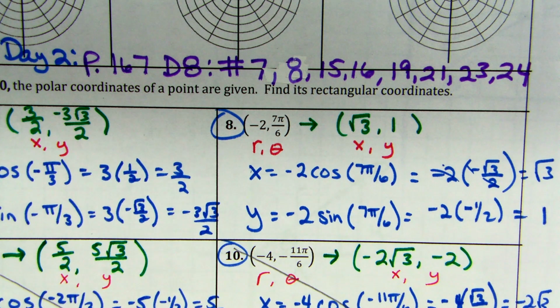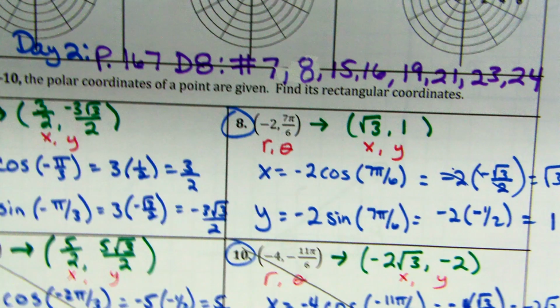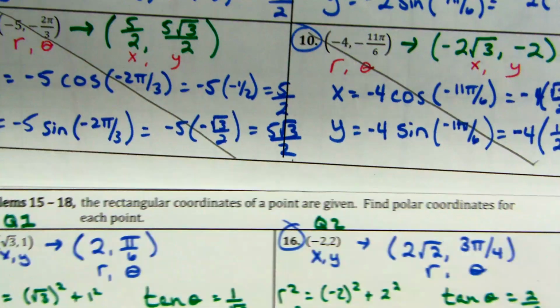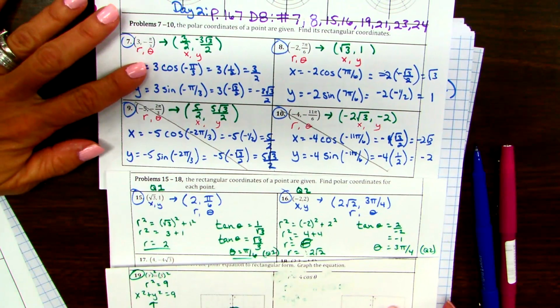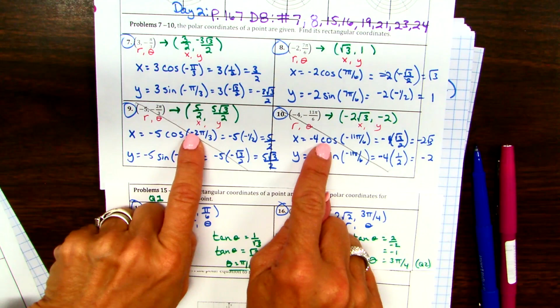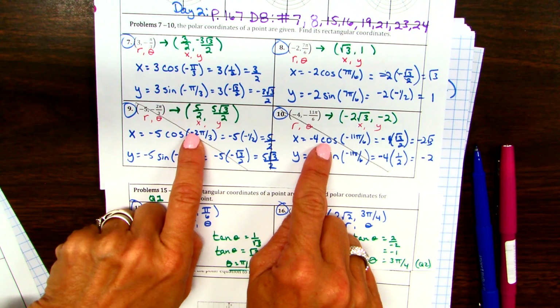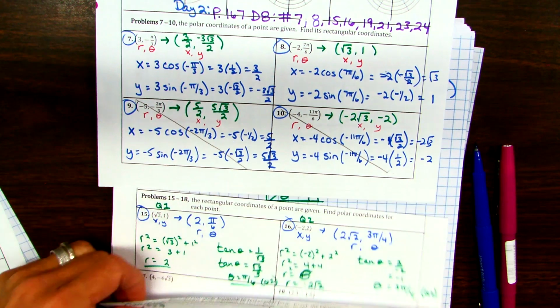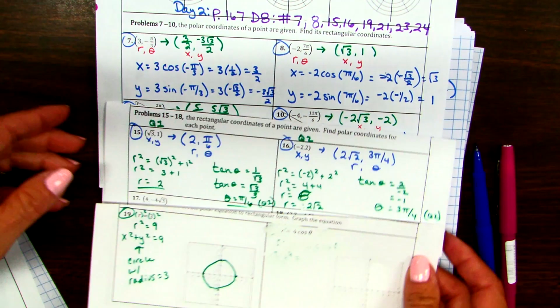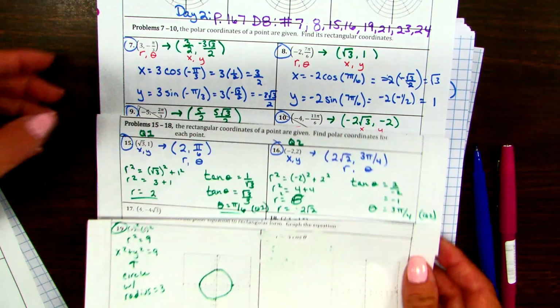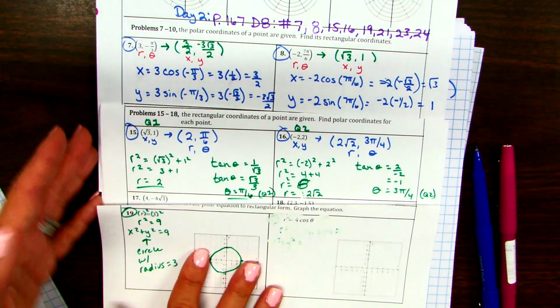Yeah. All right, I'm going to put the key up, or the beginning of the key. 7, 8. I had originally assigned 9 and 10. I cut it just to shorten the assignment. So if you go on Canvas, if you felt like you wanted more to practice, I did put those. They will be on Canvas, but you don't have to do them.